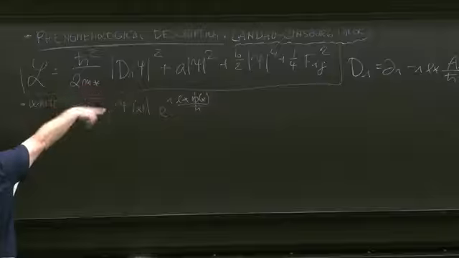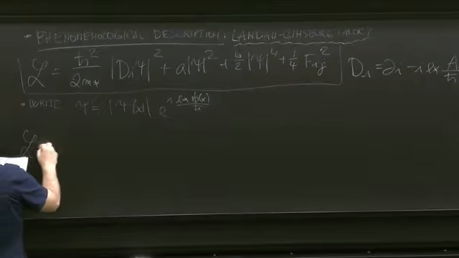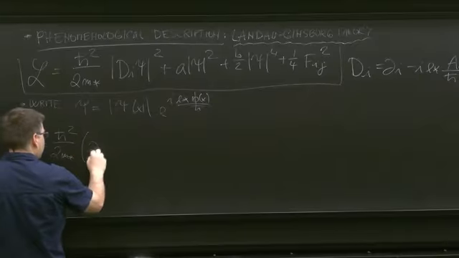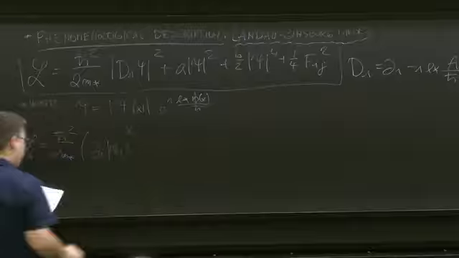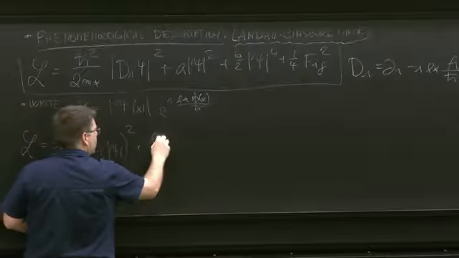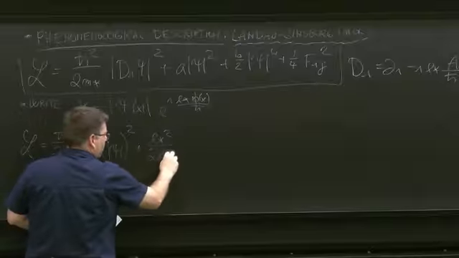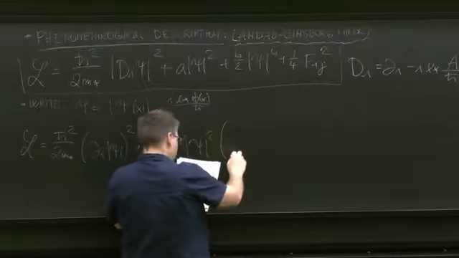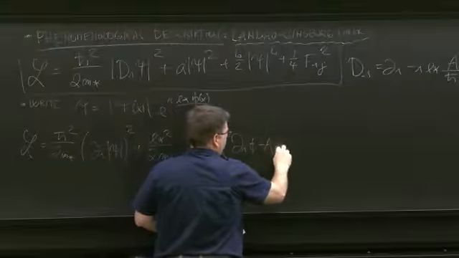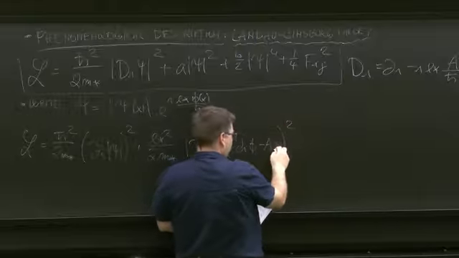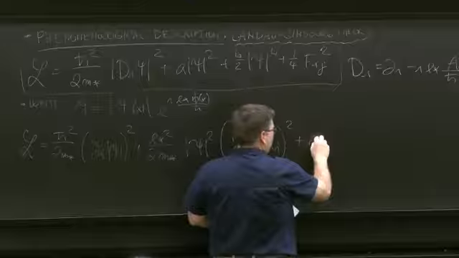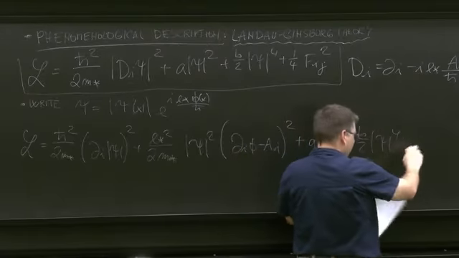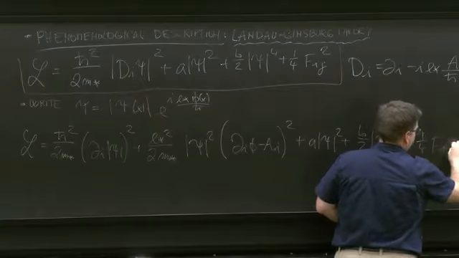If you plug this into Landau's function, you find that L is just given by h squared over 2m star, d_i of the magnitude squared, and then e star squared over 2m star psi squared times (d_i phi minus A_i) squared, and then a psi squared plus b over 2 psi to the 4 and 1/4 F_ij squared.